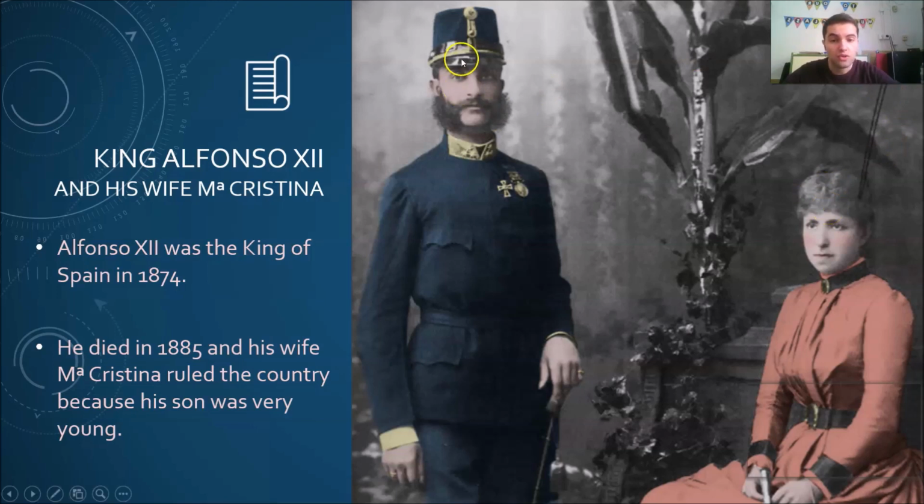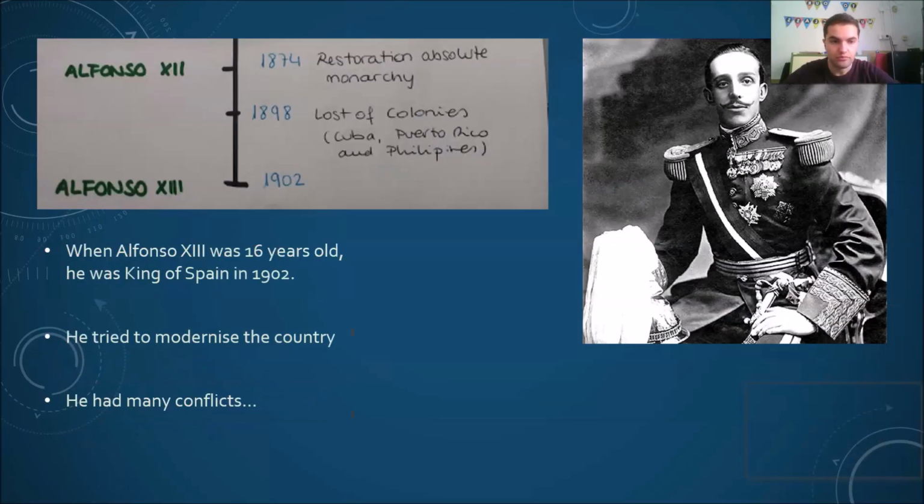Estoy diciendo que Alfonso XII, cuando él muere, en el 1885, su mujer María Cristina tiene que reinar por él, porque su hijo Alfonso XIII es muy pequeño todavía para reinar. Este es su hijo Alfonso XIII, ¿vale? So, when he turns 16 years old, he is named the King of Spain in 1902. He tried to modernize the country, but he had many conflicts.